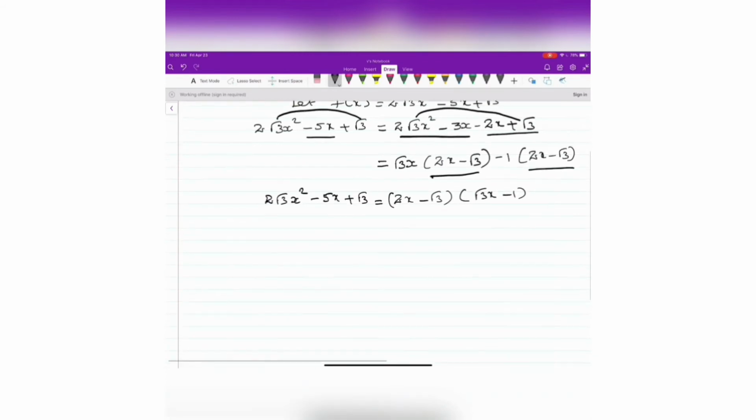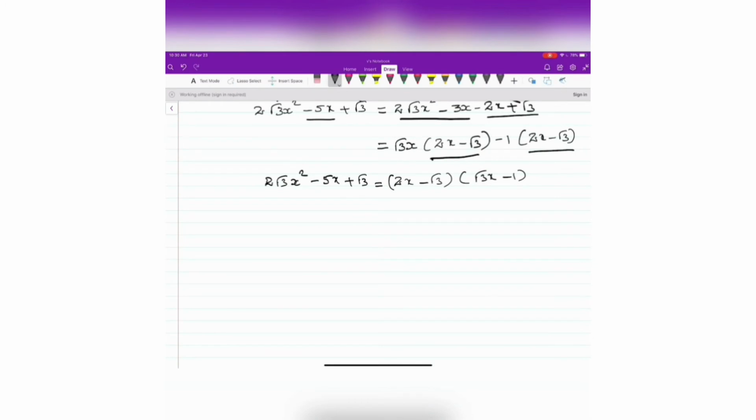You know that the zeros of the polynomial f of x are given by f of x equal to 0. So, we know that here f of x equal to 0. This implies 2 root 3 x square minus 5x plus root 3 equal to 0.